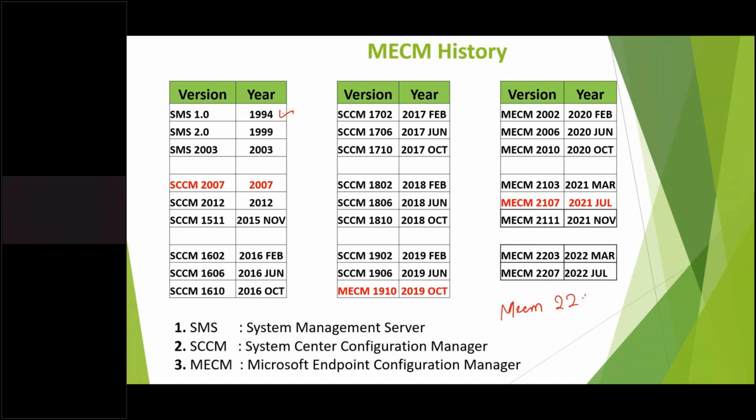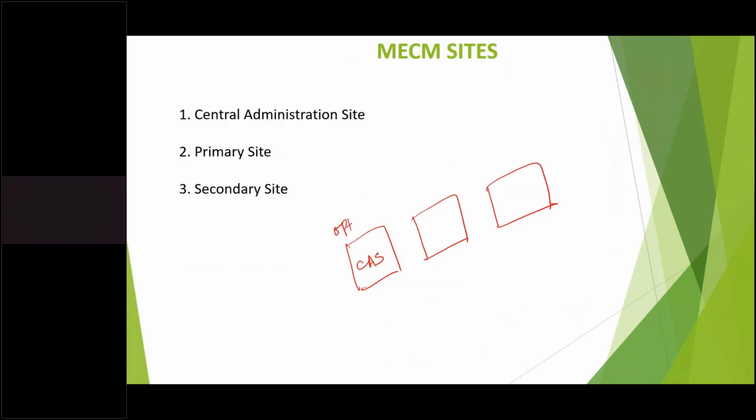Now we discuss the sites. There are 3 site servers in SCCM: Central, Primary, and Secondary. The Central Administration Site Server is optional. The Primary site is mandatory. The Secondary site is an optional site server.